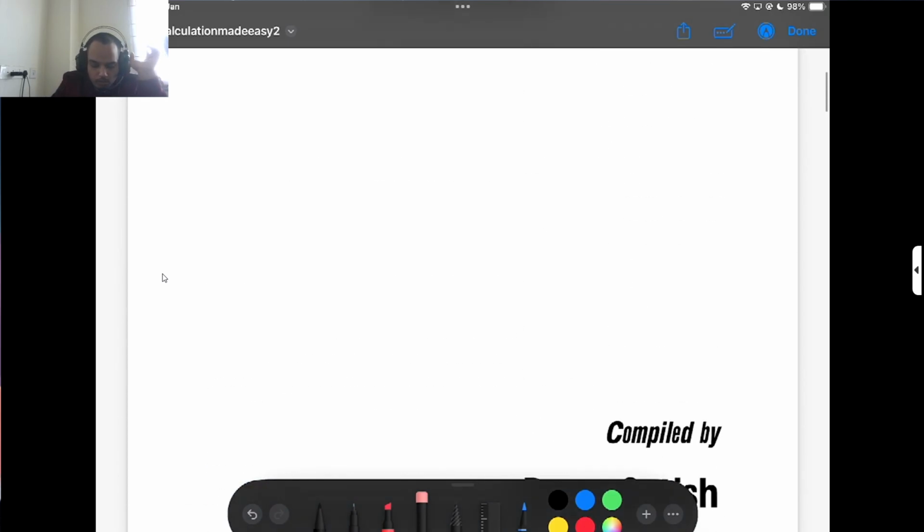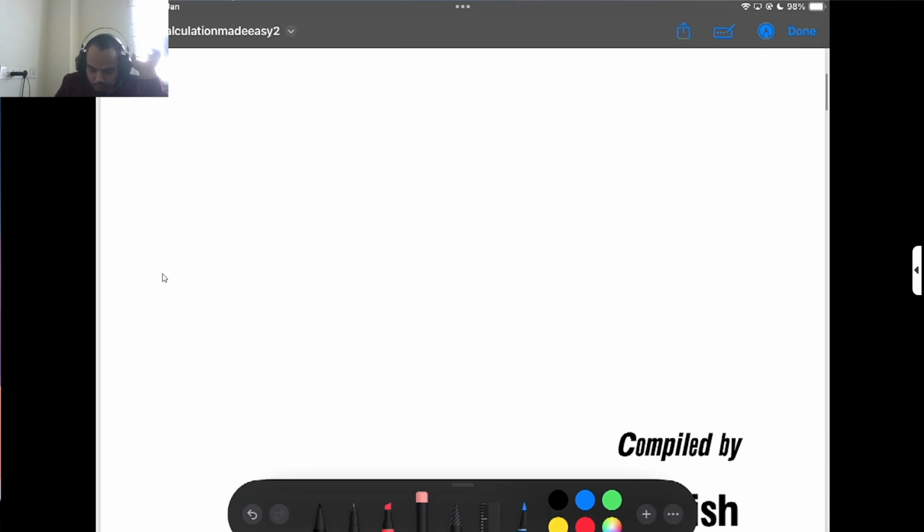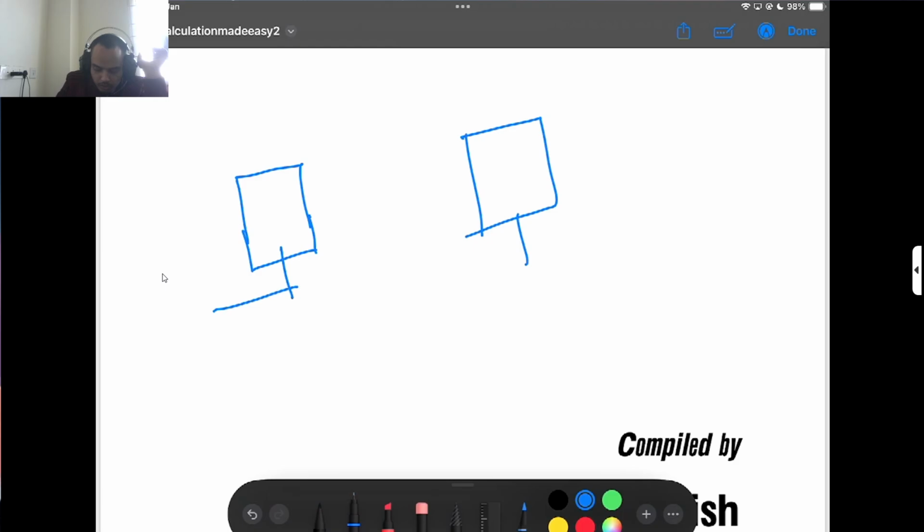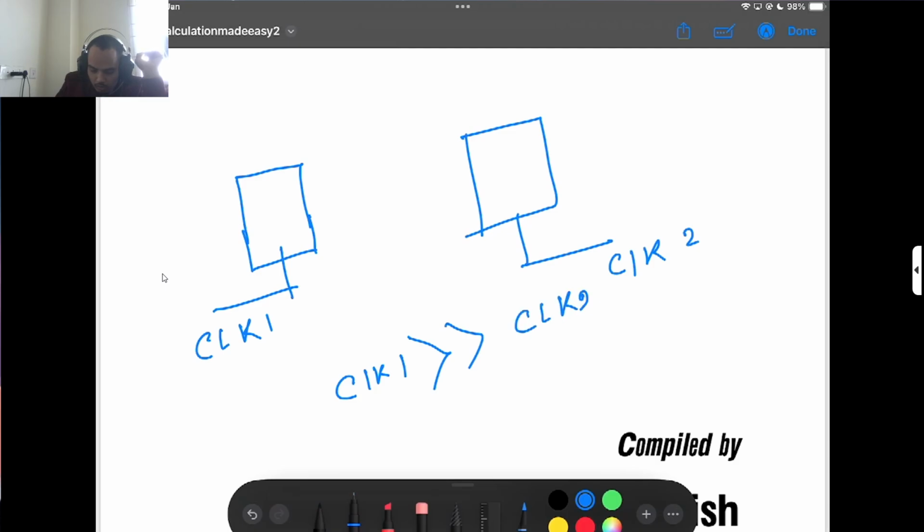So suppose here is one block and here is another block. We give them different frequencies to work at. This one works at clock 1, and this one works at clock 2. Suppose my clock 1 frequency is much higher than clock 2.